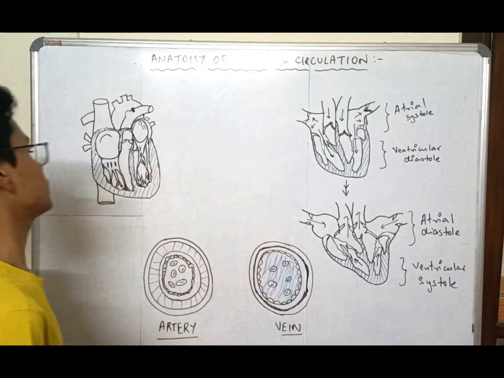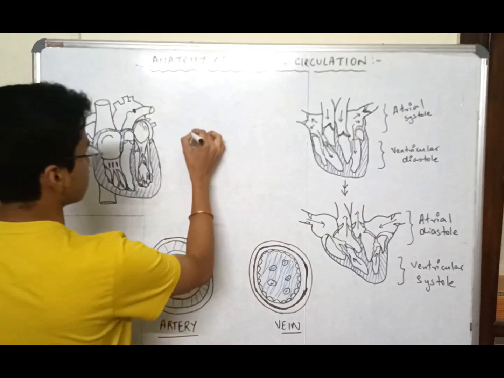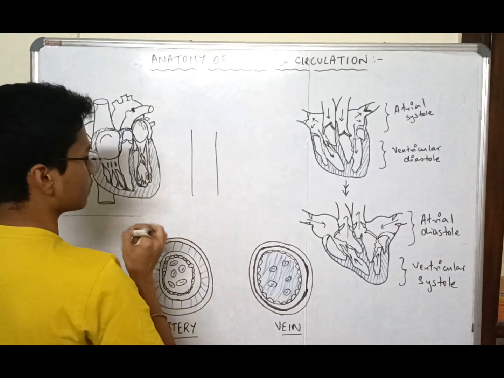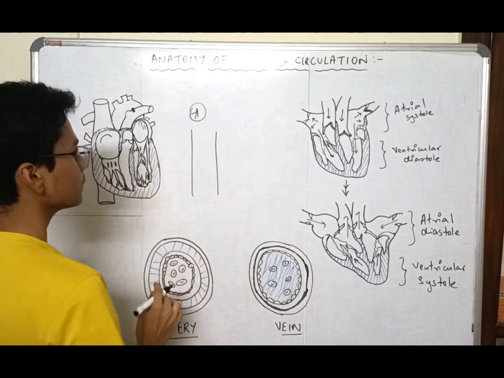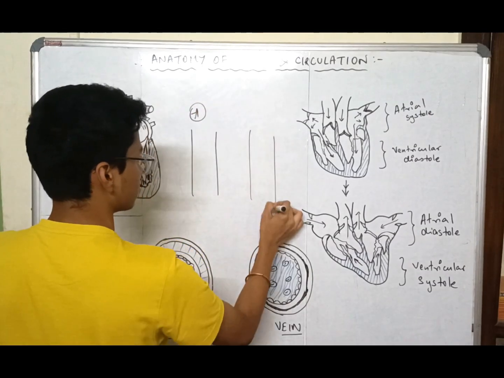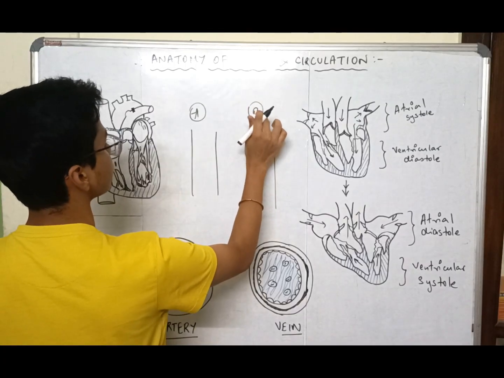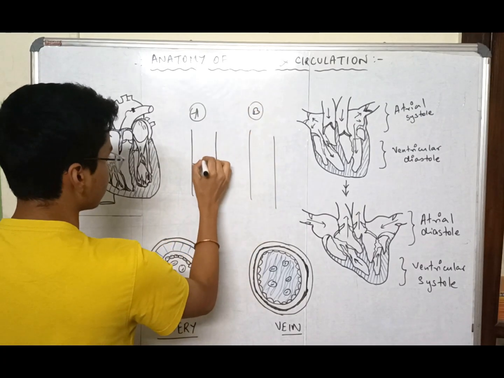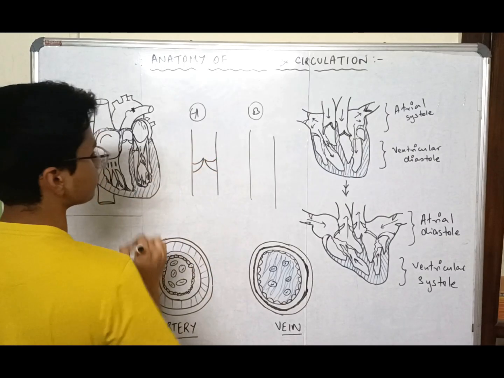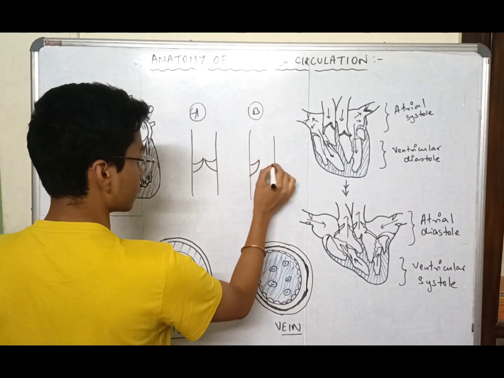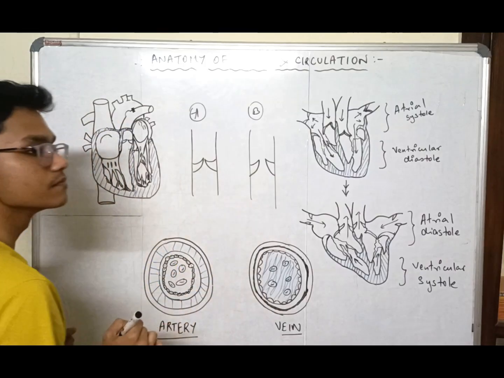To give you a good illustration, imagine that this is a blood vessel. This is situation A. This is the same blood vessel but in situation B. This right here is a valve, and this right here is a valve.